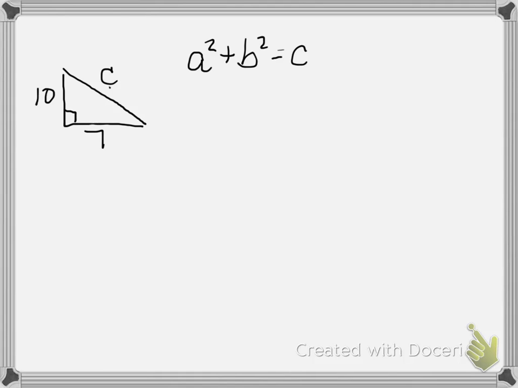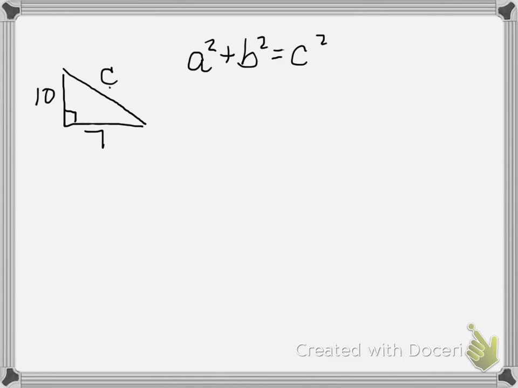So let's say you have a right triangle, and this theorem only works on right triangles. Let's say you have a triangle that's 10 by 7. Let's make the 7 the B, and let's say you're trying to find C. Then you should be able to use Pythagorean's theorem, A squared plus B squared equals C squared.